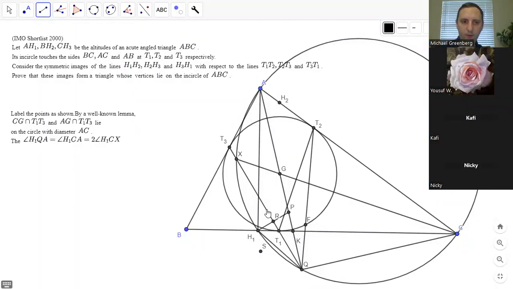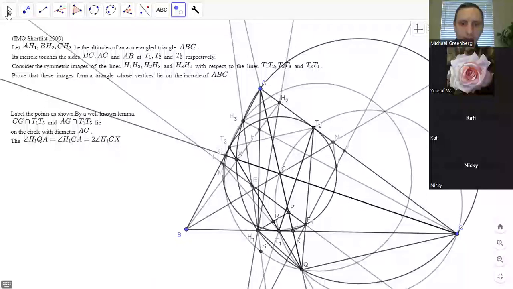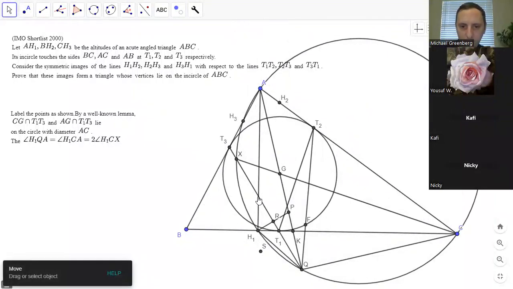Okay, yeah, now I'm just confused. So if we reflect H1 over this, it lies on this angle bisector. If we reflect H3, so let me draw H3 again, over this, then it would lie on this angle bisector, right?